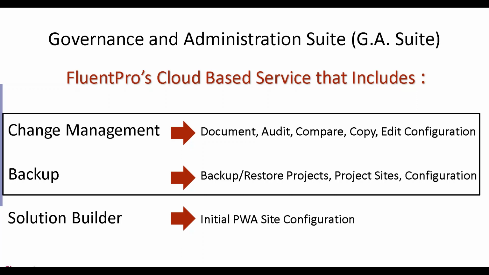And we use some of that in change management also. So you'll see that when we go through the demonstration, we'll show how you can document, audit, compare, copy, and edit configuration. But at the same time, backup is there, which is one of the three capabilities of the product.